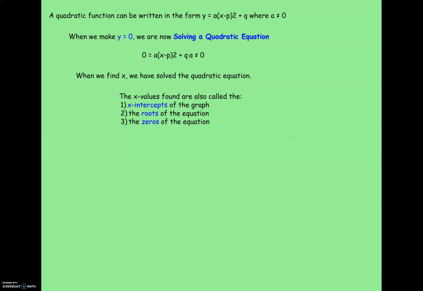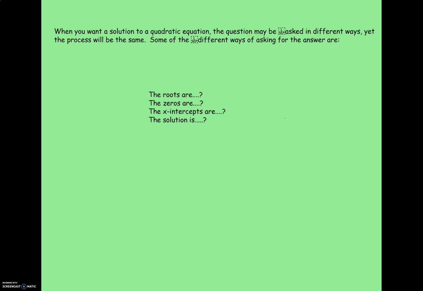So if we want to solve a quadratic equation, we're solving for those x-intercepts, and we have to set y to equal 0. Just letting you know, the question may be asked in different ways. It may ask you to solve for the roots, the zeros, or the solutions. It's all the same. We have to figure out the x-intercepts.